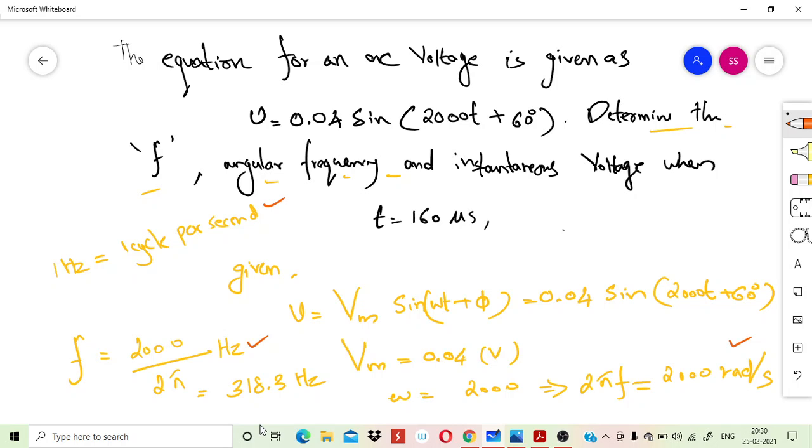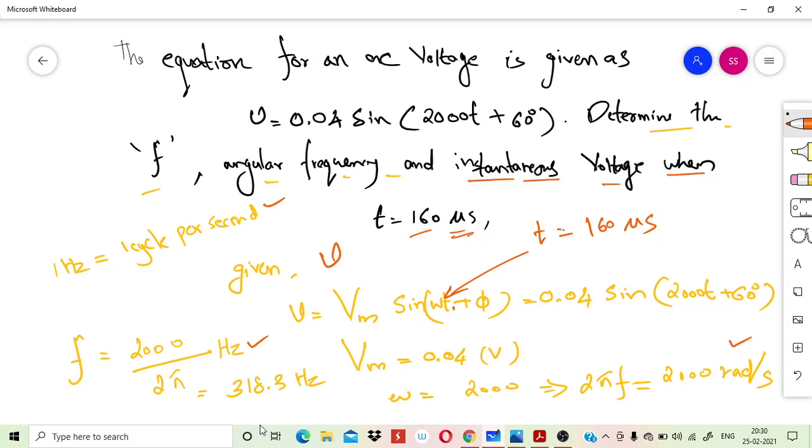Another question is to find the instantaneous voltage value when t equals 160 microseconds. So you have to put time t equal to 160 microseconds here.